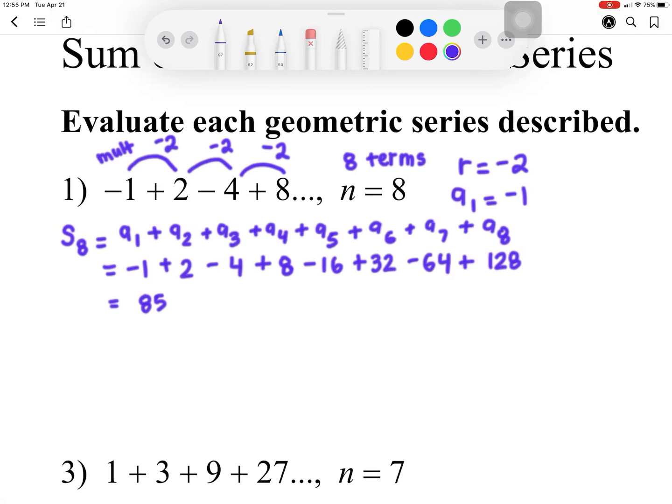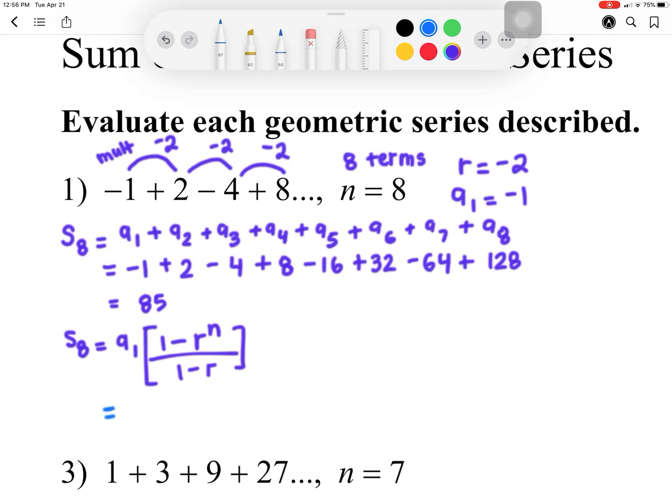Now that's a long way of doing it. We do have a formula. It's S of 8 is equal to A1, your first term, times 1 minus R to the N, where R is your common ratio, divided by 1 minus R. So what is A1?